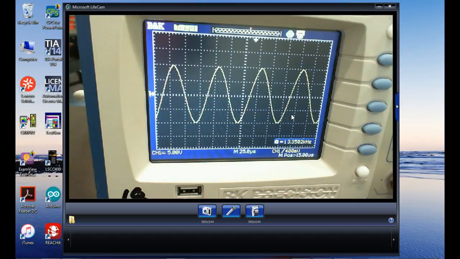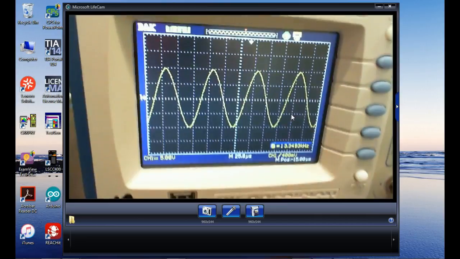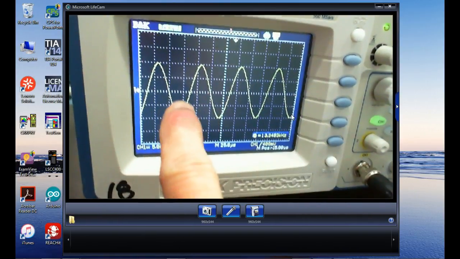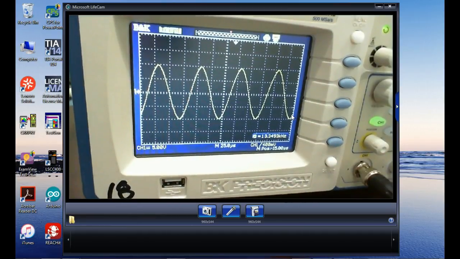It's just that their cycles run 60 cycles per second. This scope is a computer, so I could cheat and let it do it for me. But what you have to understand is if your time goes down, your rate goes up. If your time goes up, your rate goes down.